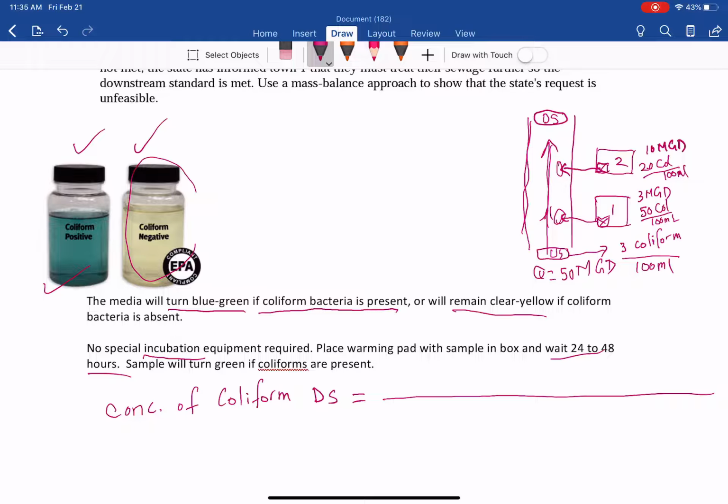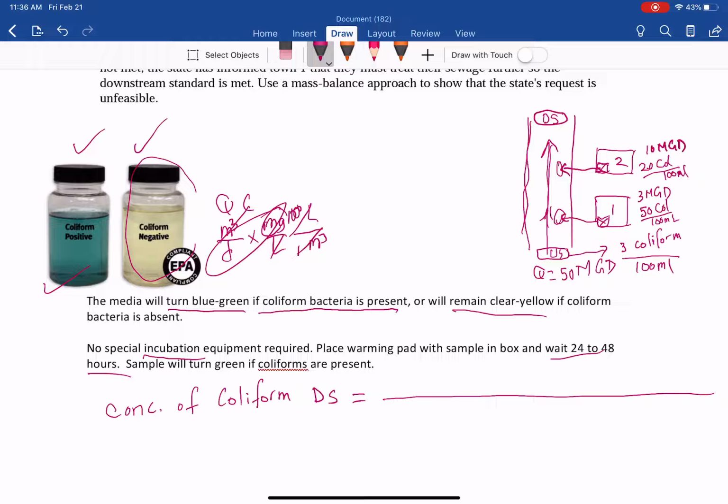When you multiply Q times C, this is cubic meter per day, for example, or milligram per day, times milligram per liter. Remember when we did this before? Liter with liter, cubic meter with cubic meter, you end up with loading. So now we'll find the loading upstream, loading of Town 1, loading of Town 2, to find the final concentration of coliform after all this mixing between upstream, Town 1 and Town 2.